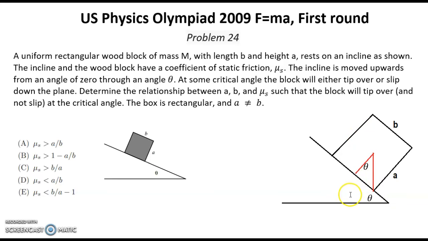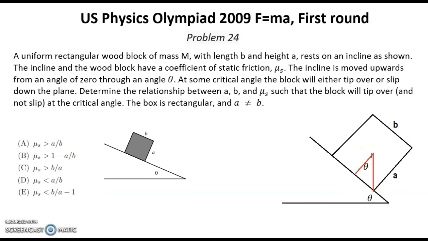It means that we can just work out the geometry for this picture. Here we have angle theta, which is critical, and also we have angle theta here, because we have two perpendicular lines forming these two angles.